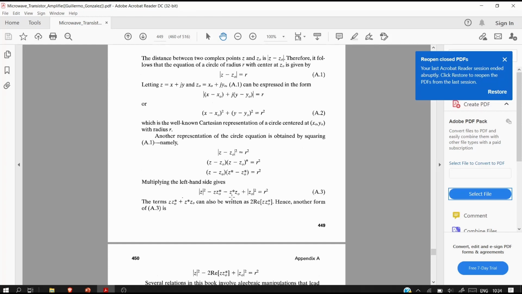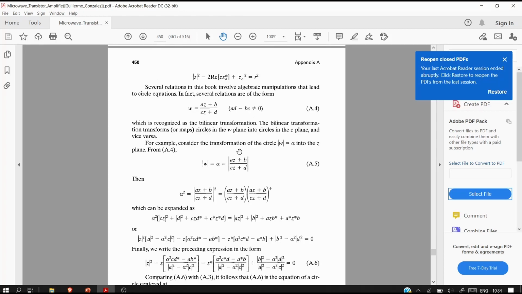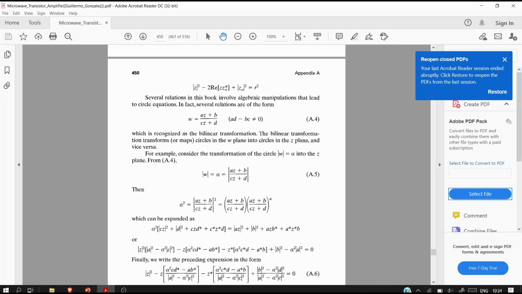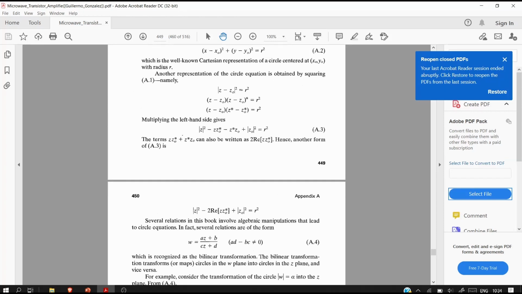So if any equation comes into this form, then I can conclude that this is an equation of a circle with center at Z0 and radius R. In this equation, we will try to get it into the form of this equation, and from that we will get Z0 to get the center and R to get the radius.